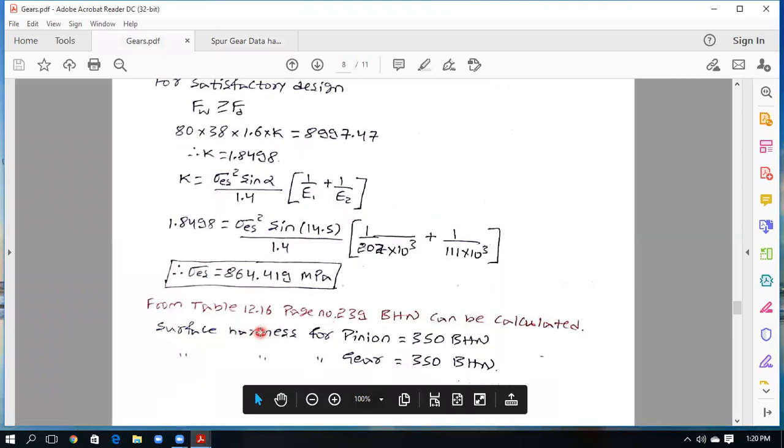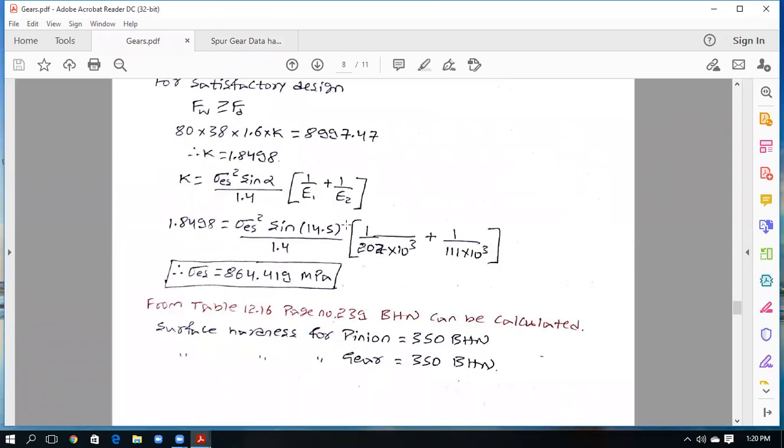In the given problem, which material is used for pinion? Can anyone tell me? Pinion and gear, material of pinion and gear. Which material is used for pinion?